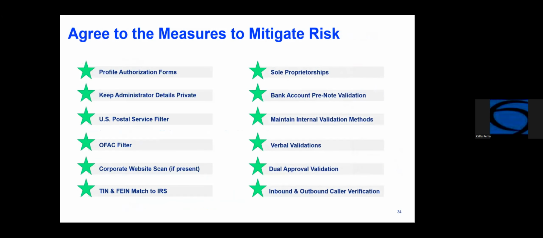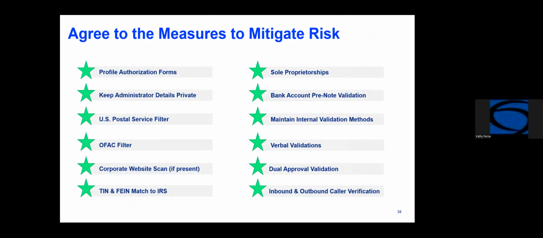So again, you want to agree internally to these measures. What is it out of these that you can start with? Each of these on their own may not be enough to prevent fraud, but it's better than doing nothing.